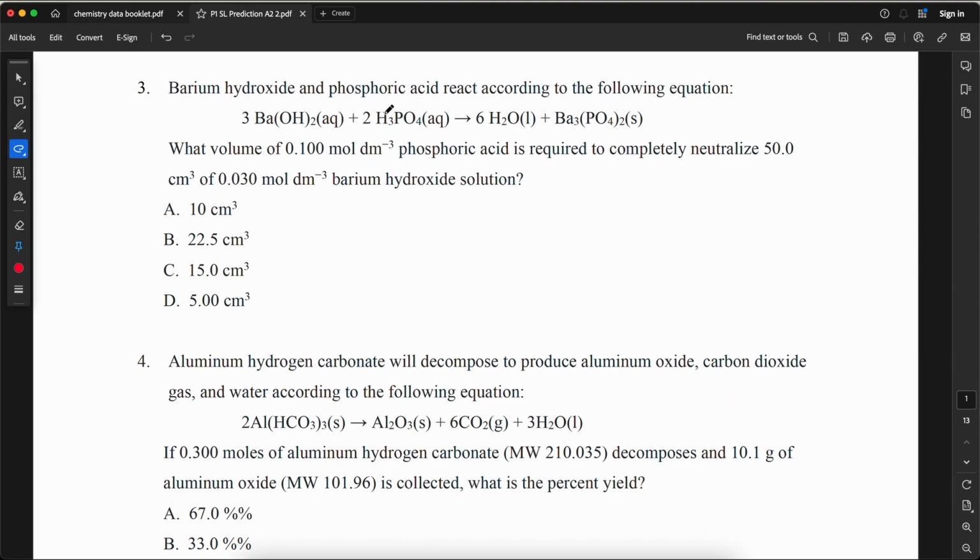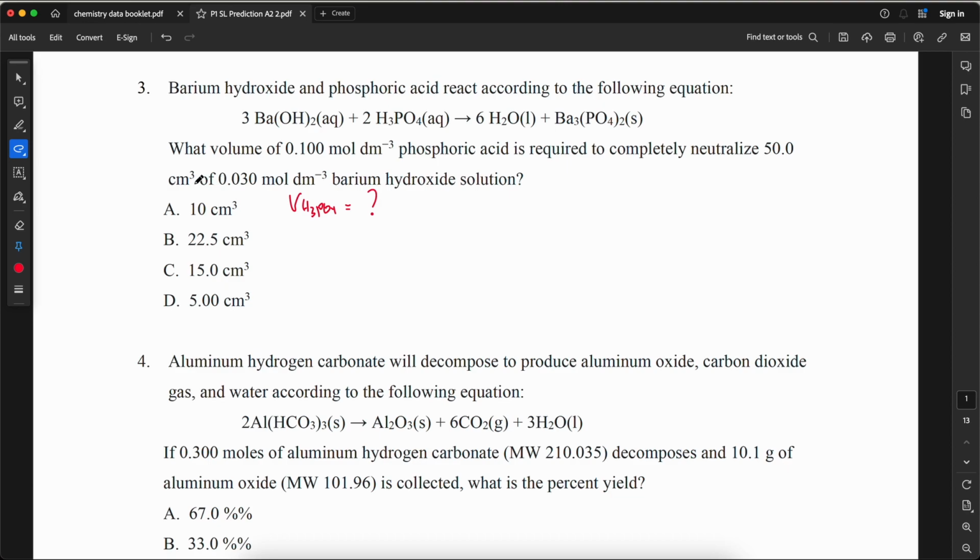Barium hydroxide and phosphoric acid react according to the following equation. What volume of phosphoric acid is required to completely neutralize 50 centimeter cube of 0.03 molar barium hydroxide?